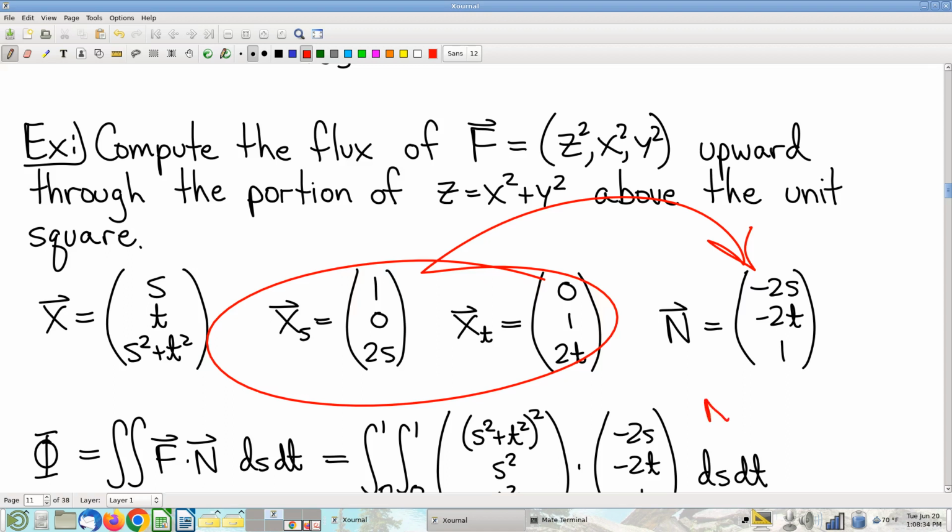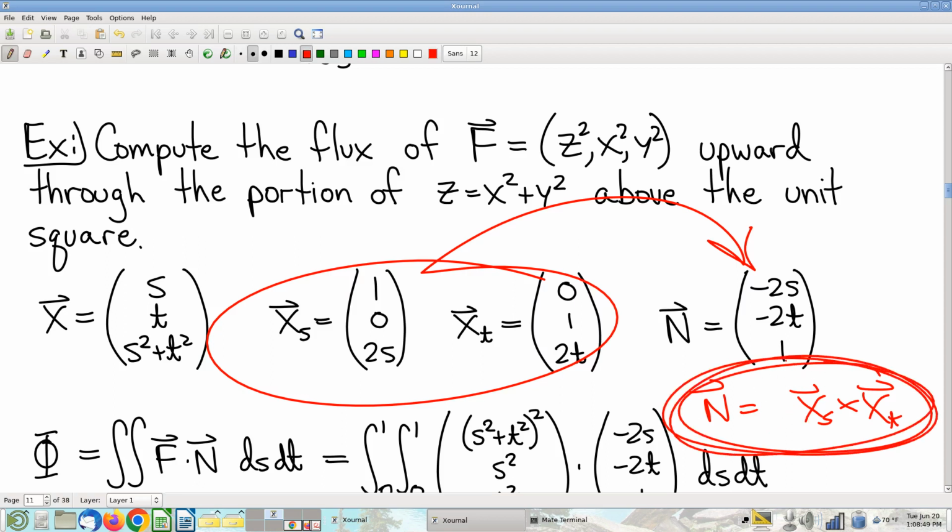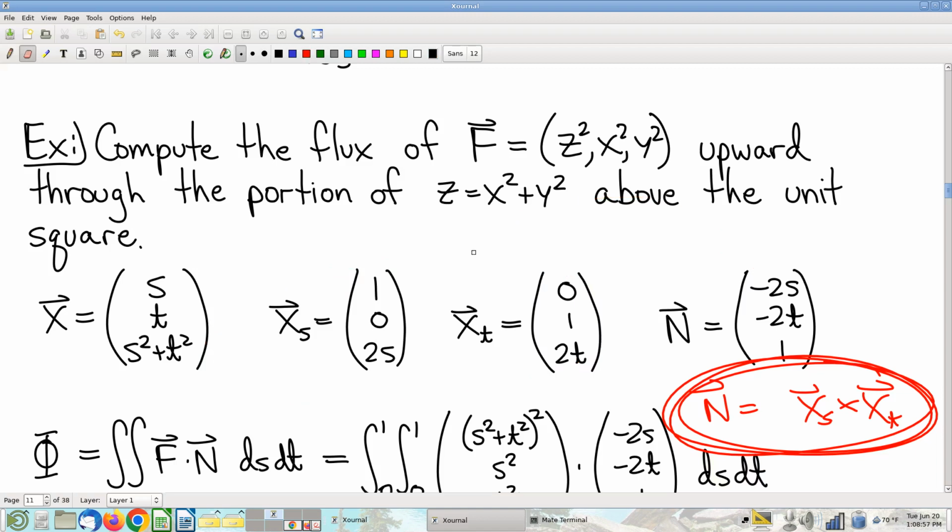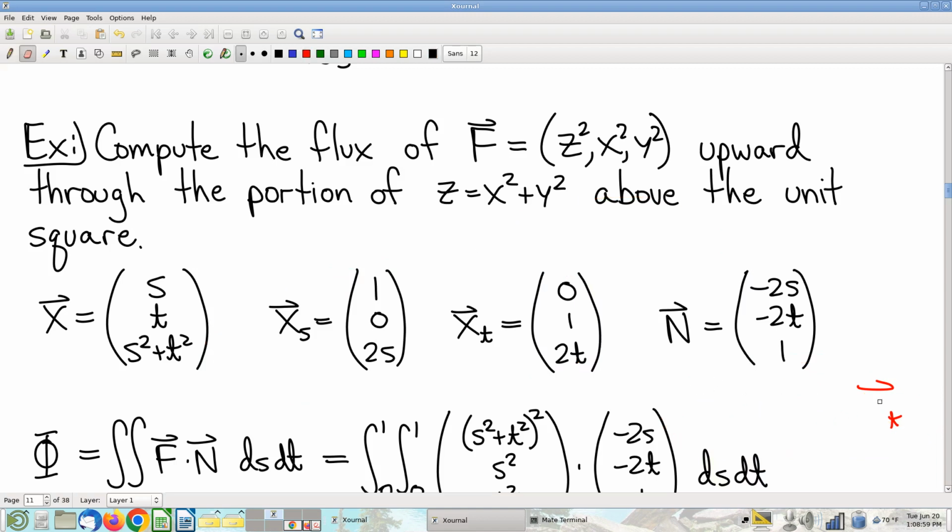Don't rewrite and say, well, I'm going to define N to be minus X_s cross X_t. Because that's wrong also. The capital N is defined as being this cross product, independent of the parameterization. So that's not sort of an up-for-grabs option. Okay, I hope all that makes sense. Little subtleties.